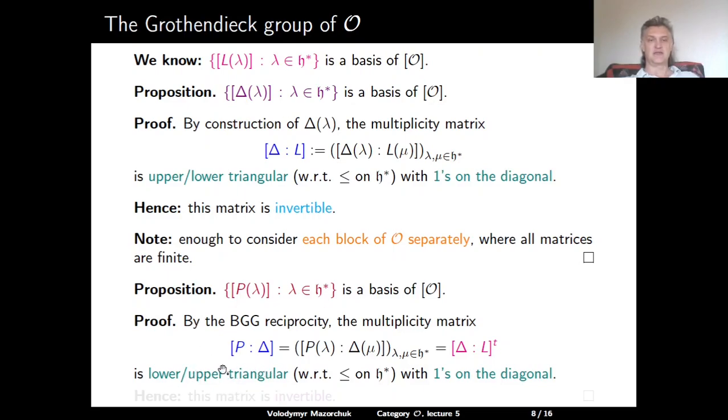In particular, it is also a triangular matrix, now lower or upper depending on the choice of the ordering. It will be the opposite case from the previous one, and also has ones on the diagonal. So this matrix is invertible, and hence it follows that the classes of projective modules also form a basis in the Grothendieck group of O.